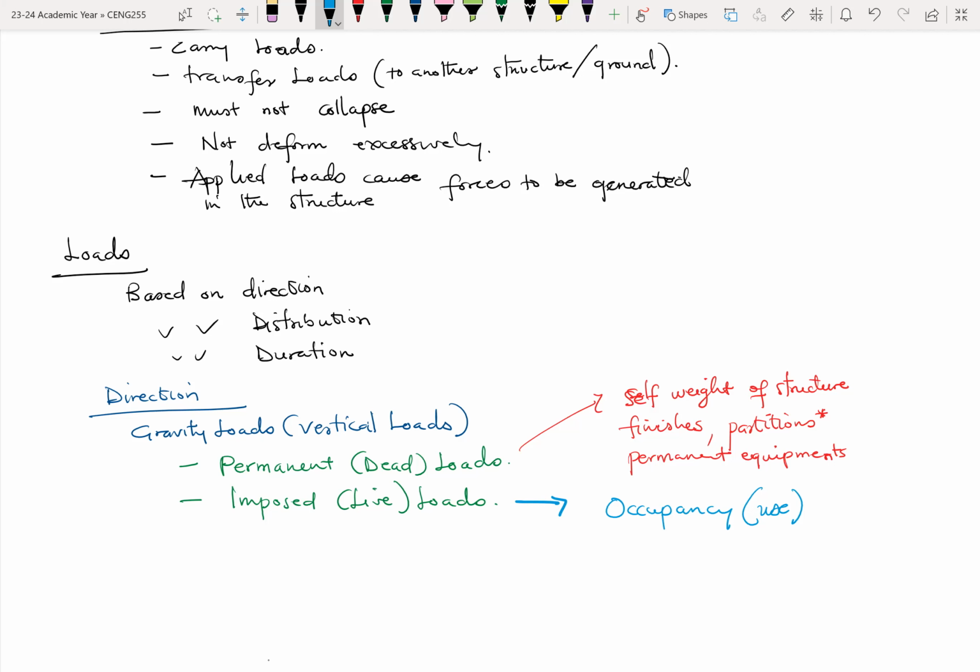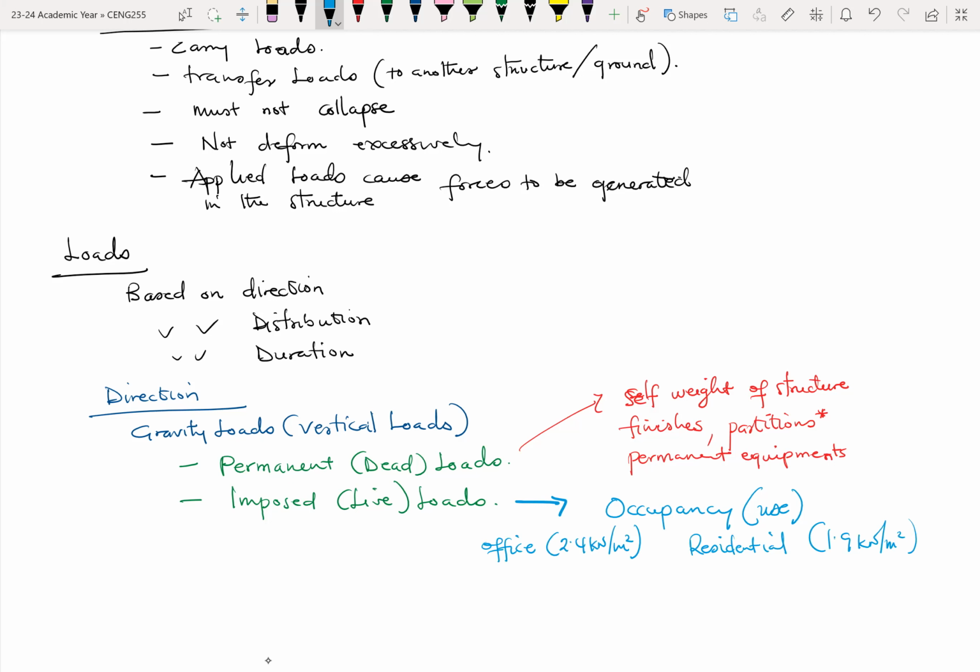So for example, if it's an office space, the load for an office space is normally about, I think, 2.4 kilonewtons per meter squared. Then for residential, like say your house, it's about, I think, 1.9 kilonewtons per meter squared.